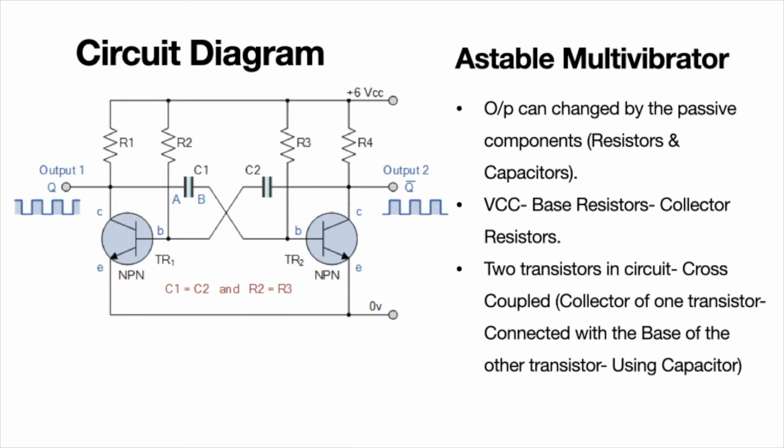Here one thing you have to remember is that there are two transistors Q1 and Q2. Here Q1 is named TR1 and Q2 is named TR2. Both the transistors in this circuit are cross coupled to each other, which means that the collector of one transistor is connected with the base of the other transistor using a capacitor. That is very important to remember.